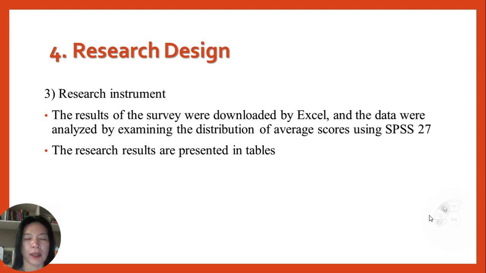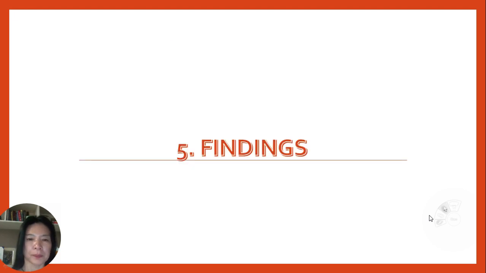After we got the data, we downloaded it into Excel and used SPSS 27 to see the results. We used means and standard deviations as descriptive methods, and to see if there were any differences by gender or grade, we used ANOVA.